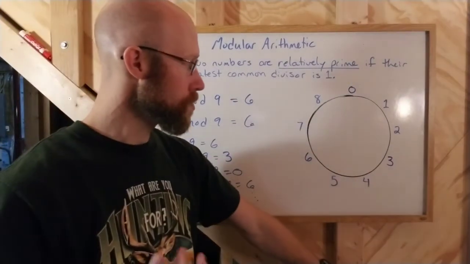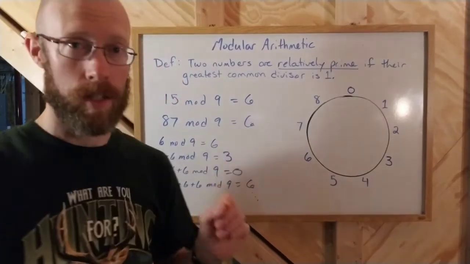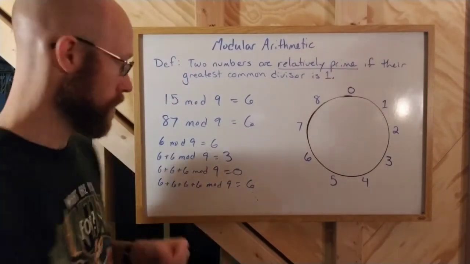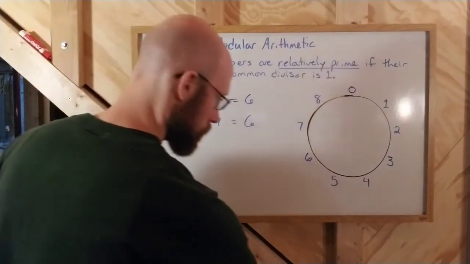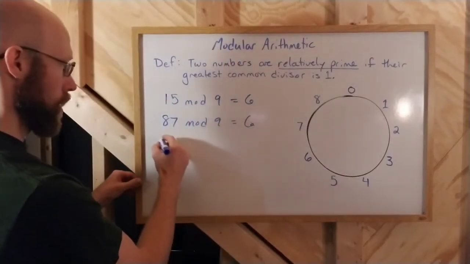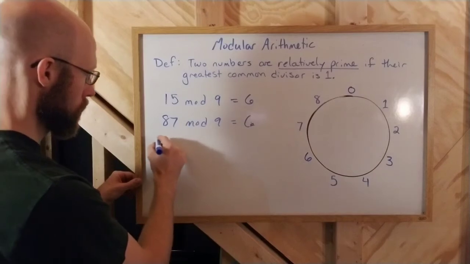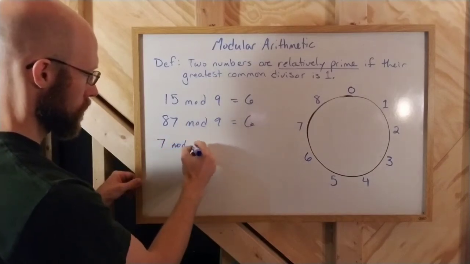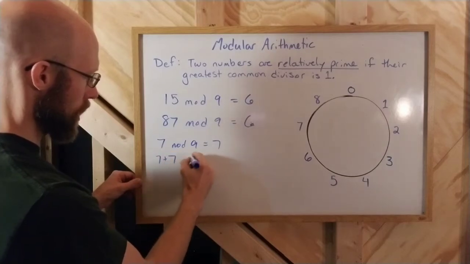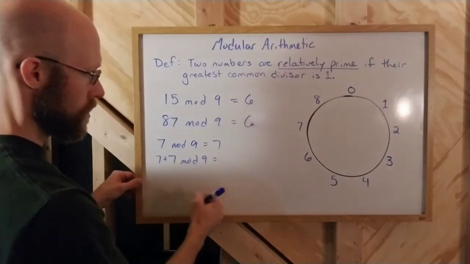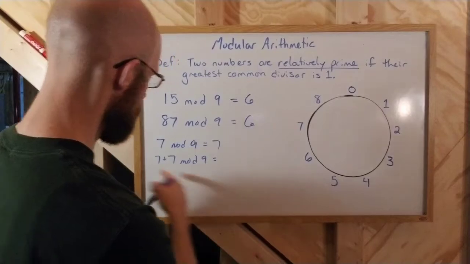If you were to use a number that is relatively prime to 9, then you'll hit everything, right? So if I use, say, the number 7, 7 mod 9 is 7. 7 plus 7 mod 9 is 14.